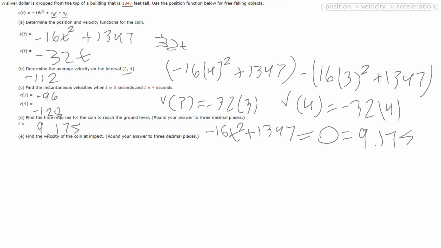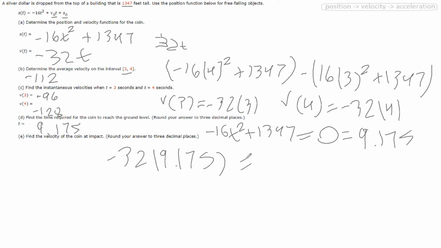We take our time for it to reach the ground, which we evaluated in the previous question, and plug that into our velocity function, so we can get the velocity of the coin at the time it impacted.